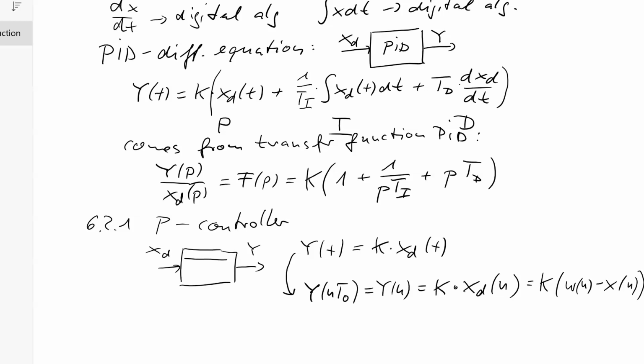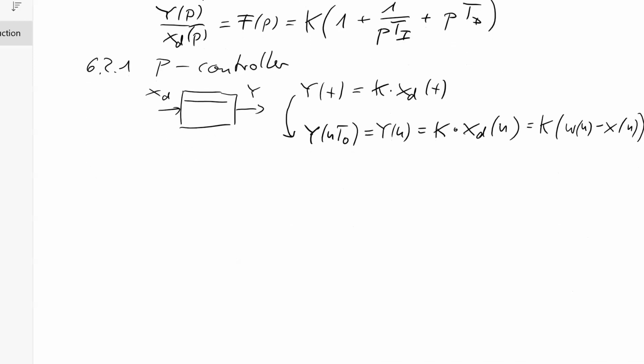So this can be calculated before each calculation. This gives the control difference xd. So this is a value in a variable, and now I have to multiply this value just with the k factor.